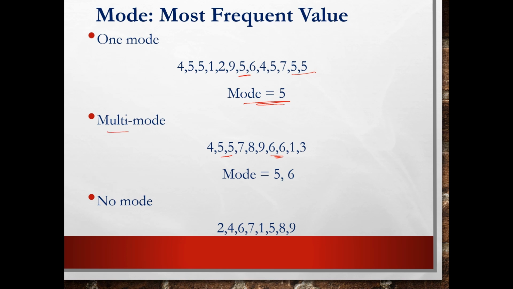So that's called multi-mode. And one mode, multi-mode. And in this one, none of the observations were recorded more than once, so there's no mode in this data. Those are the features of a mode. That is, it can either exist or not, and it can also have more than one value.